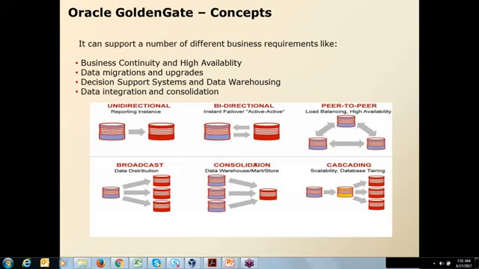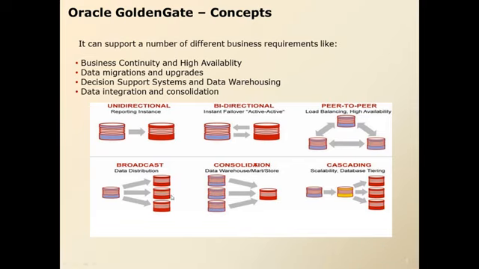You can have multiple sources and a single target, and Goldengate can replicate the data. Data integration and consolidation is also supported. As we discussed, you can integrate the data, consolidate the data as per a requirement, and broadcast the data. These are the configurations which you could do with Oracle Goldengate.